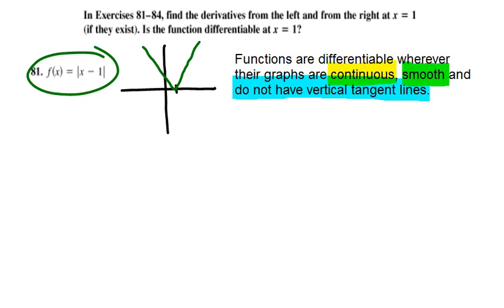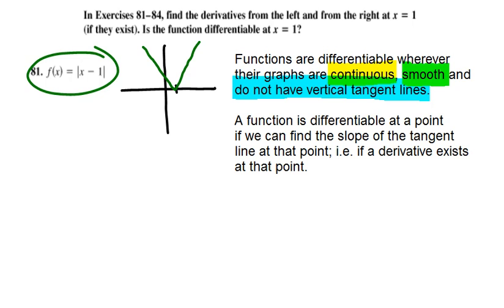And because a derivative is the slope of a tangent line, and the slope of a vertical line is undefined, then there is no derivative at a point where the function has a vertical tangent line. So these three things all must be true. The function must be continuous, must be smooth, and must also have no vertical tangent lines. And again, we could be talking at a point or on an interval, etc.